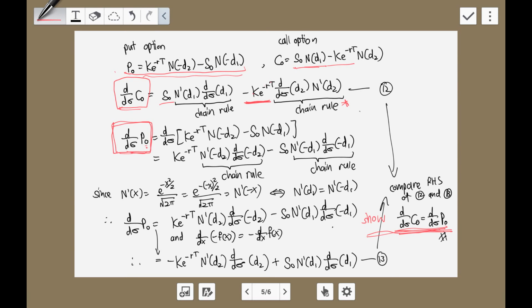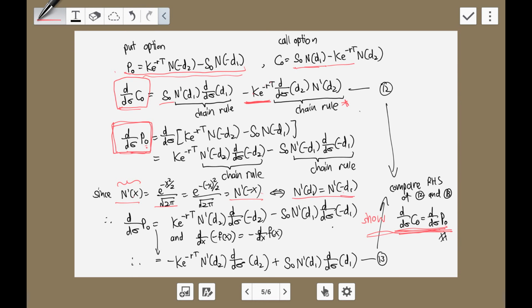So then we know that the probability density function for the normal distribution is just this formula, and when we replace x with minus x, it still gives us the same thing, because the square of minus x is just x squared, and then there's a minus in front. So that means the two are equal. So that means N prime d1, if I replace the inside with minus d1, will also be equal.